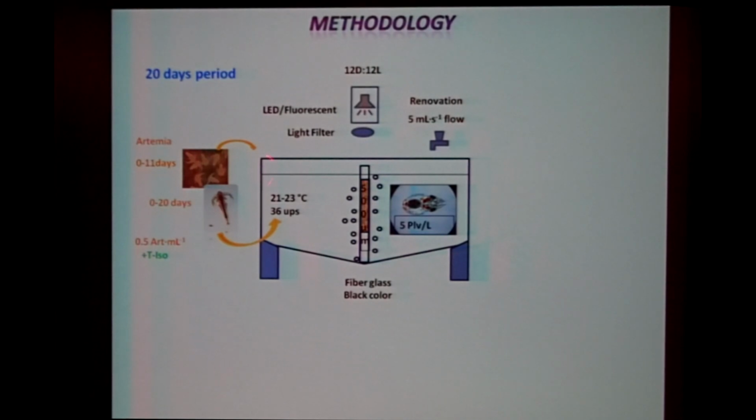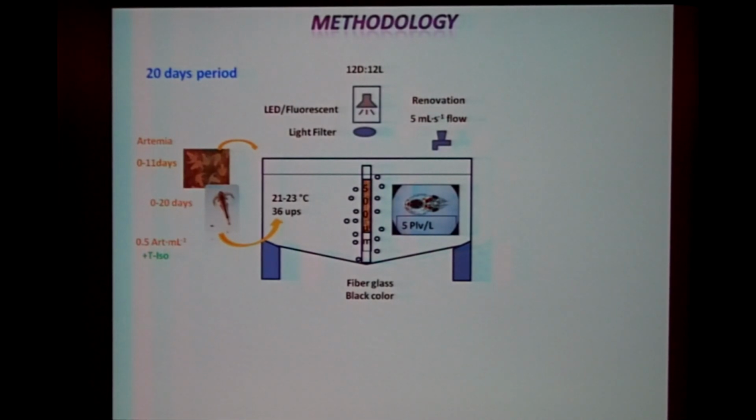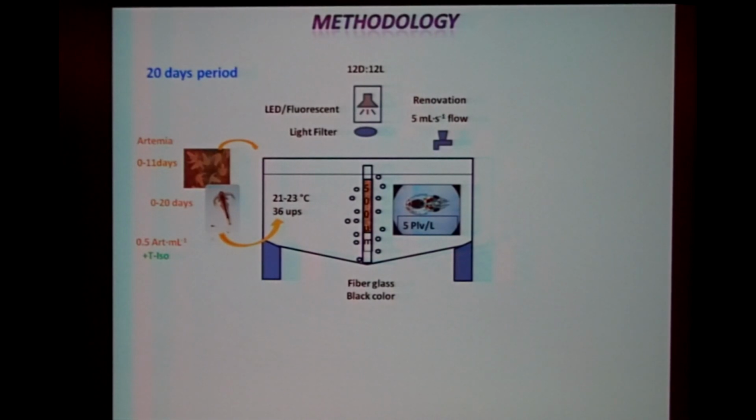We feed with Artemia nauplii for the first days and metanauplii for the older paralarvae. The best diet is crustacean zoeae, but it's very difficult to obtain enough quantity to make a study like this with many replicates.